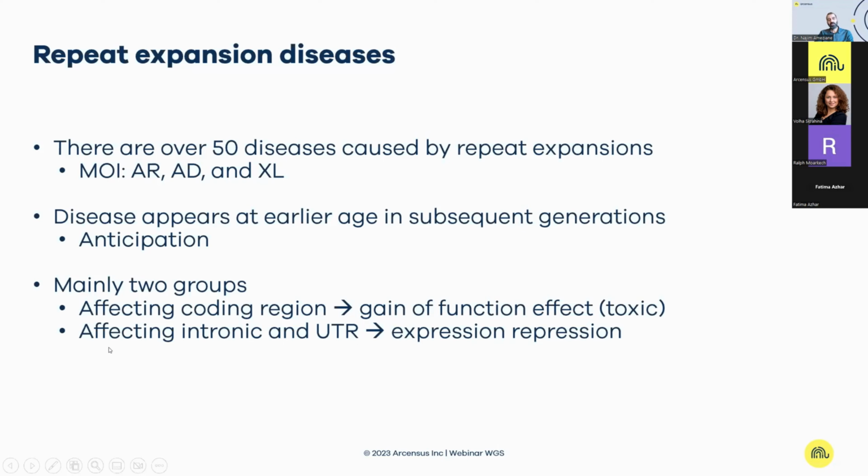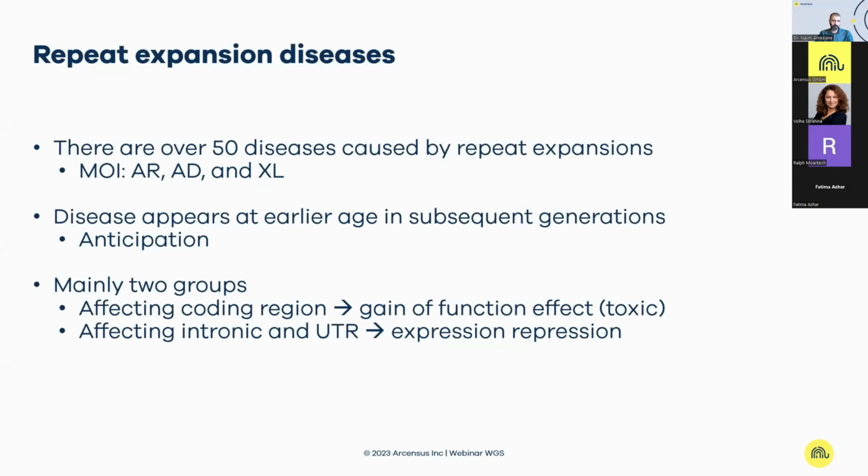Mainly, there are two types of diseases associated with repeat expansions. Some of them affect the coding region, as I mentioned earlier, and most of the time, when a coding region is affected, and this is mainly a polyglutamine or polyalanine repeat that is expanded, it is usually a gain-of-function effect. So the product of such an expansion would result in a toxic protein.